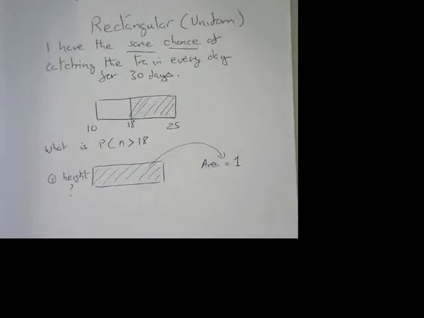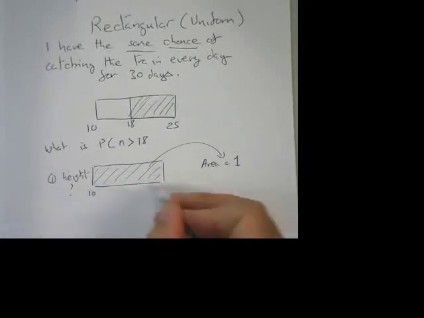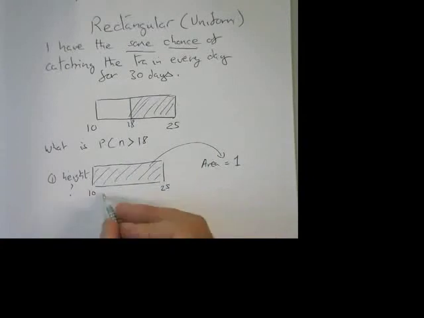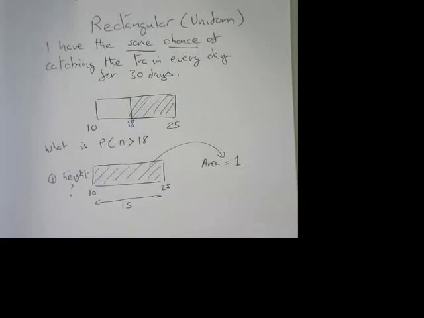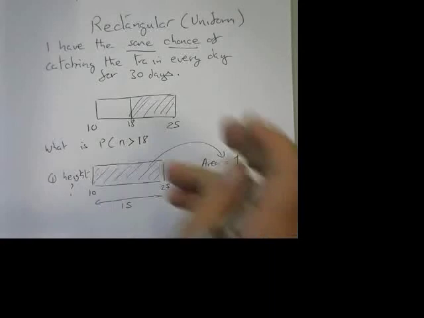Now we know the length goes from 10 to 25, so its length is 15. Isn't it? Okay, so area is base times height. The base is 15, so I'm saying 15 times height equals 1. So the height must be 1/15.